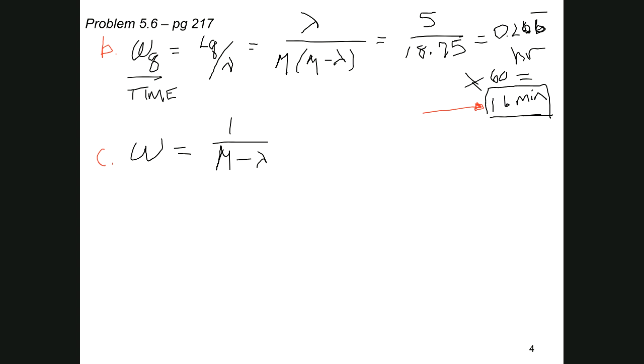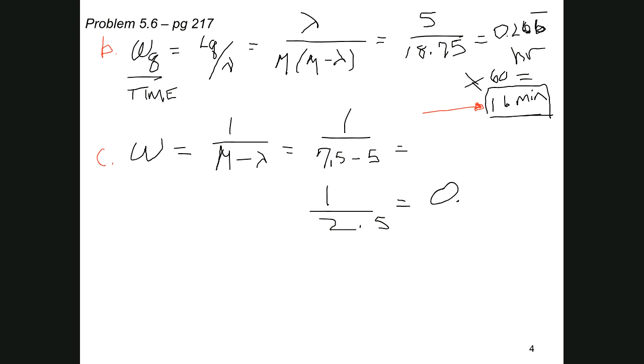If you remember, we haven't changed, so mu is 7.5 and lambda is 5. And so this is 1 over 2.5, which, once we do the arithmetic, is 0.4.